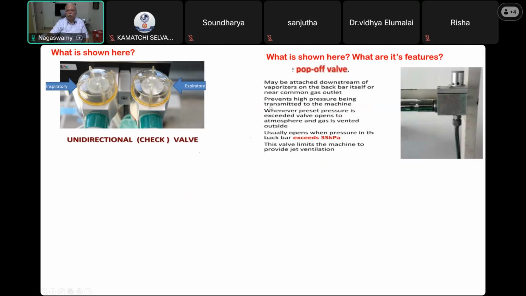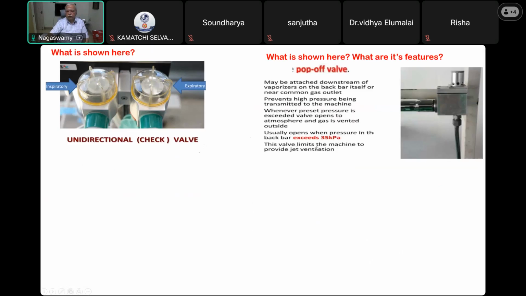They are called pop-off valves, and they prevent high pressure from being transmitted to the machine. Whenever the preset pressure is exceeded, the valve will open automatically and gas will be vented out. The pressure which will be exceeded is 35 kilopascals. So this valve limits the machine, and if this valve is there, you cannot provide jet ventilation.